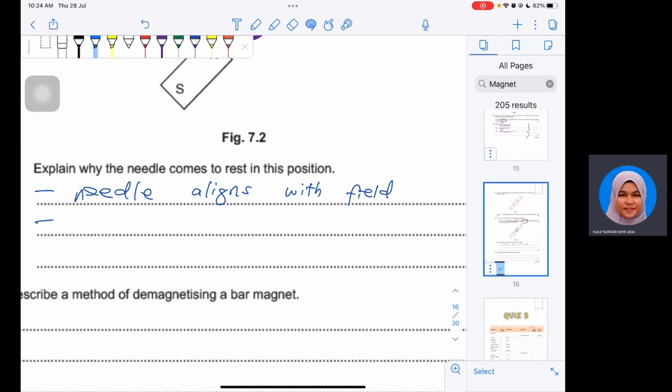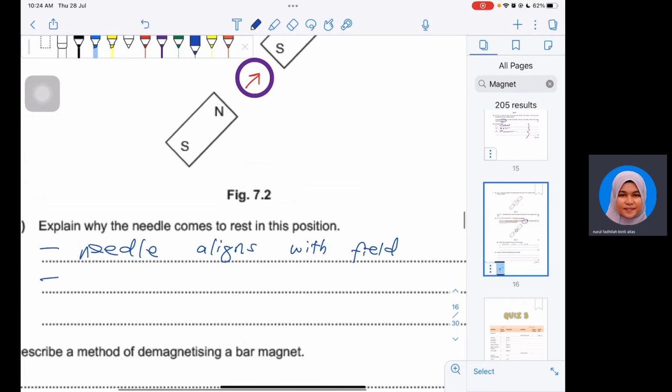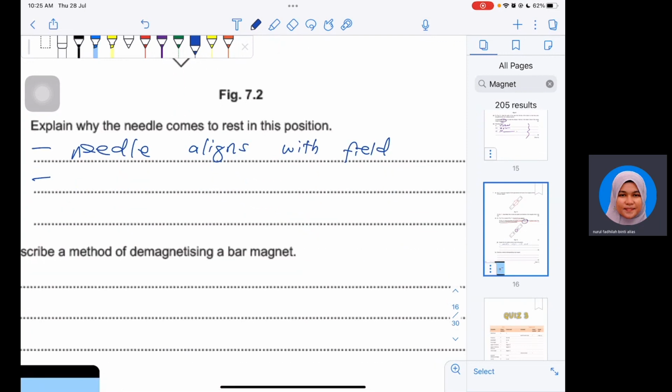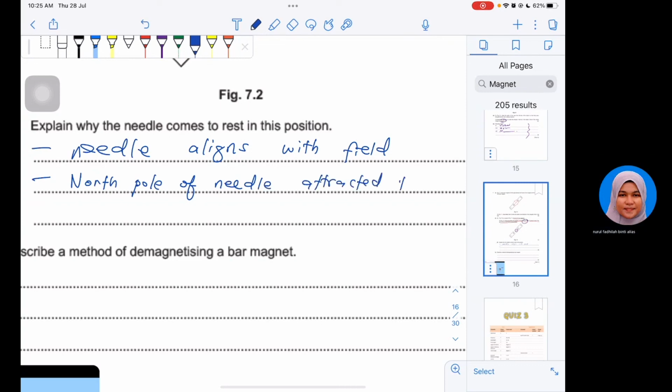Okay, needle aligns with field. Lepas tu apa lagi you nak explain? Kenapa dia macam tu? And then, now what about the point? So ini dia punya garisan tu selari, tapi the arrow tu, yes, north pole of needle attracted to the south of magnet.